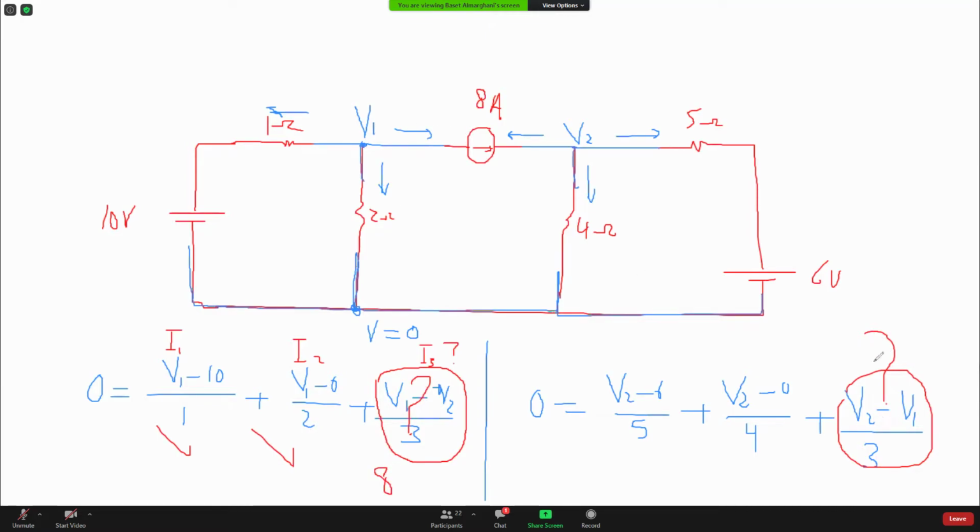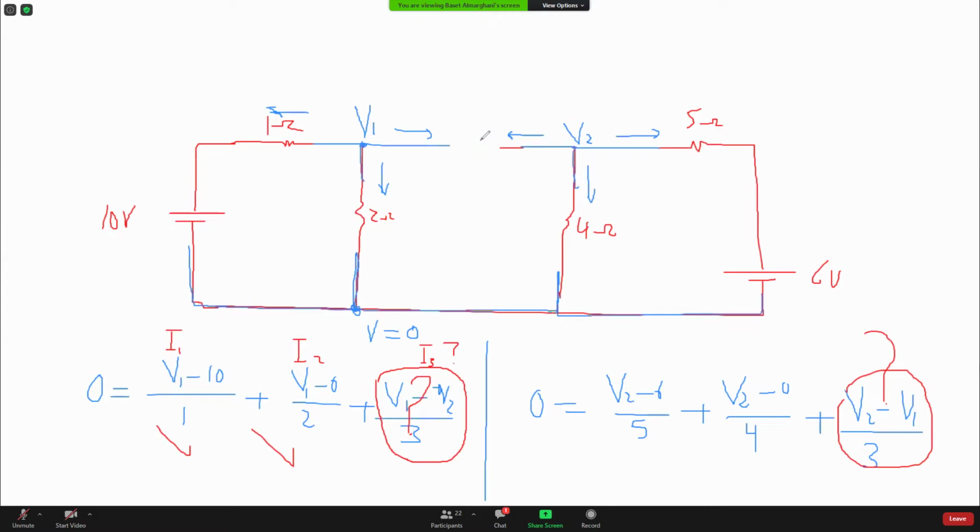This one will be 8 at this side, because it's going to go to node 2. Is this okay if it's a current source? You guys know that if it's a current source, then I don't need to put anything here, just the current value. But if it's a voltage source, it's an issue because I don't know the current.